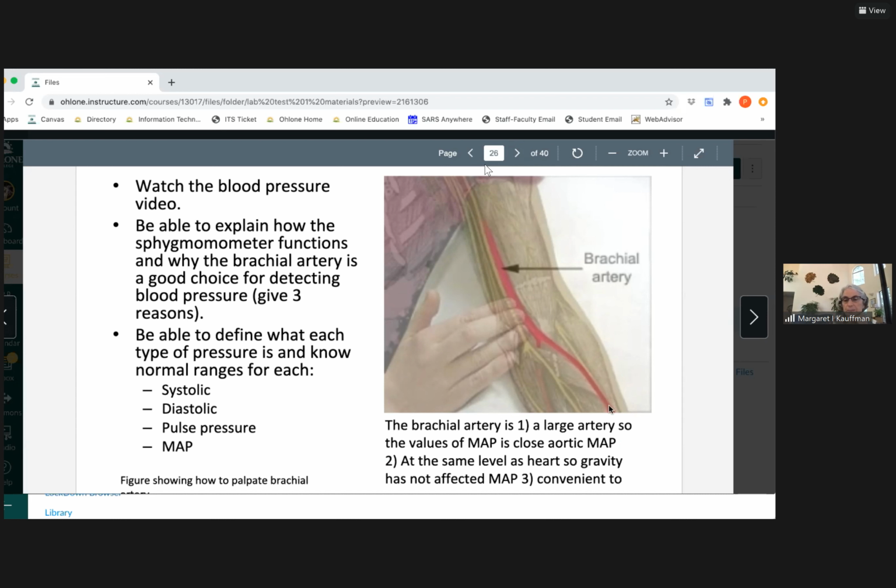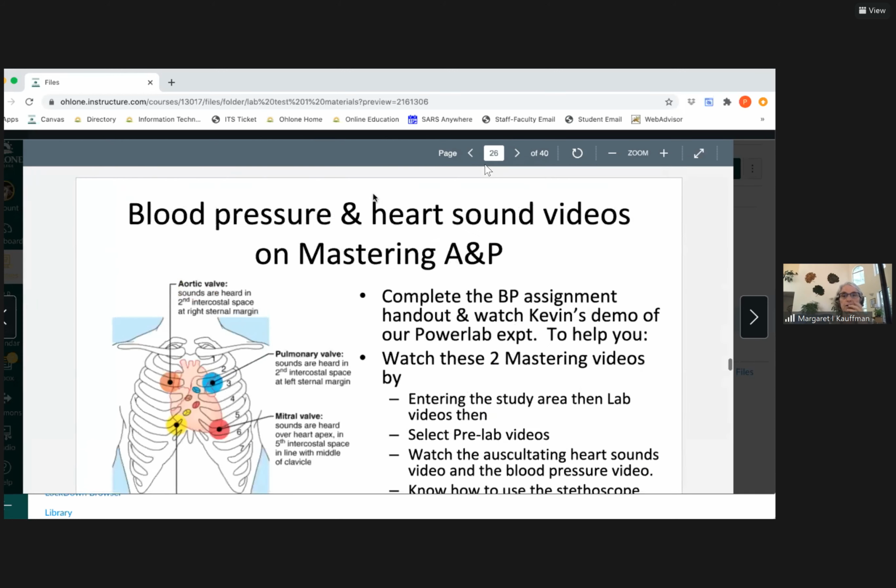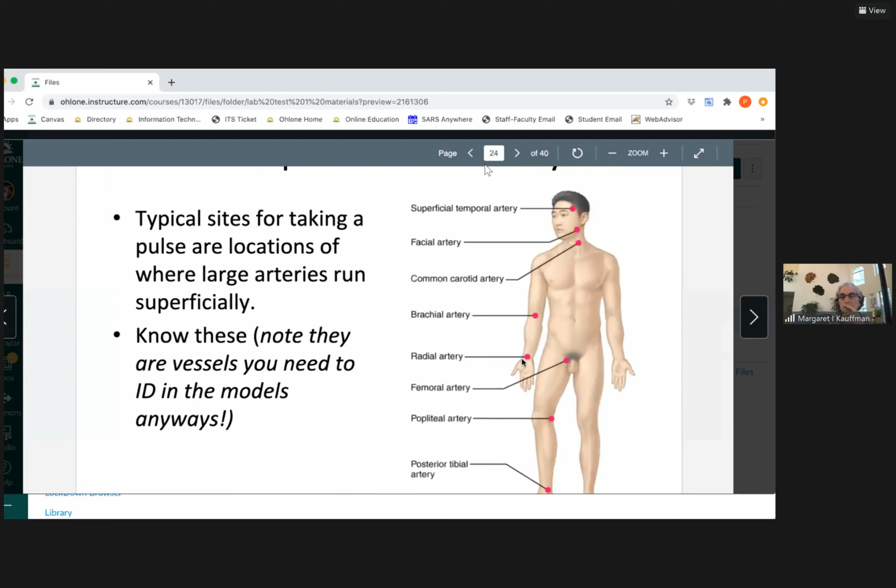Now, in the Mastering exercise, they also compare blood pressure at the brachial artery to blood pressure at the radial artery. So blood flows through decreasing diameter arteries to go from the brachial to the radial artery. If your arm is supported and they're both at the same level, then you see a diminishing of the systolic pressure.